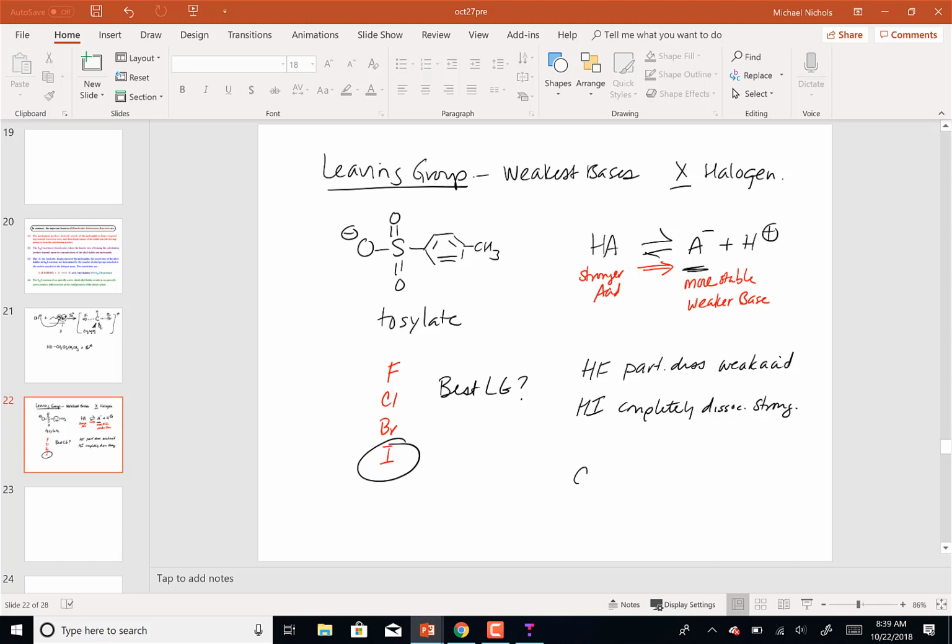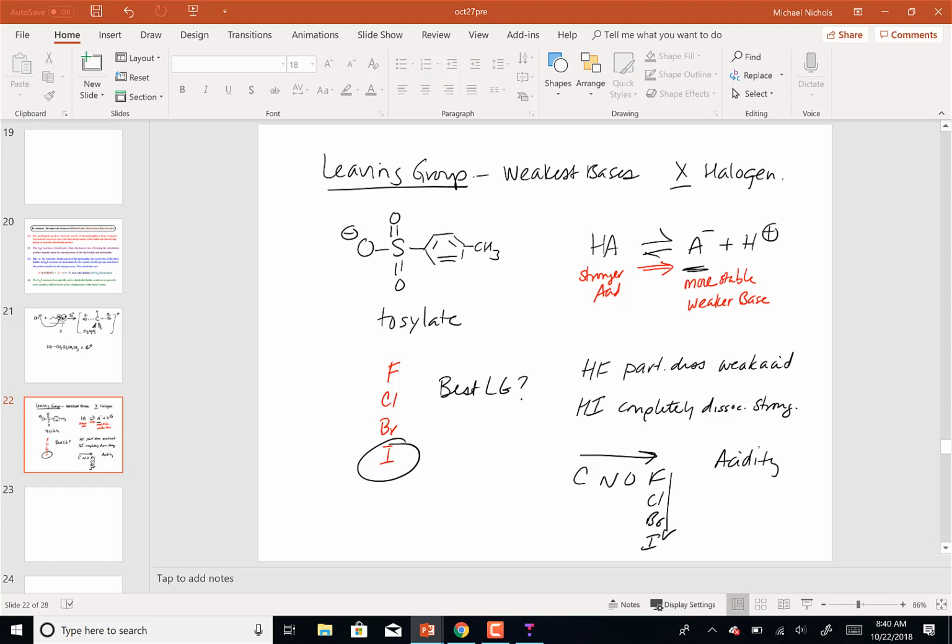On the periodic table, when we go C, N, O, F, Cl, Br, I, in terms of acidity, going from left to right increases and going down increases in acidity. HF is stronger than OH, which is stronger than NH, which is stronger than CH.